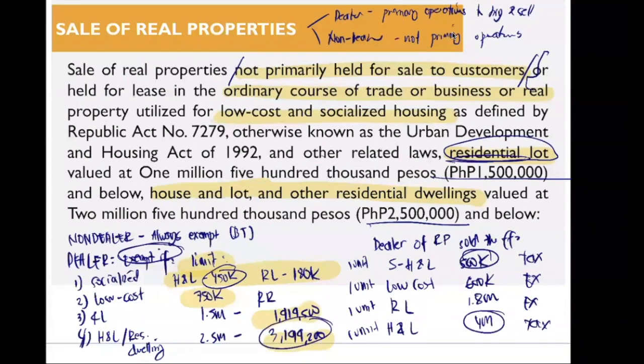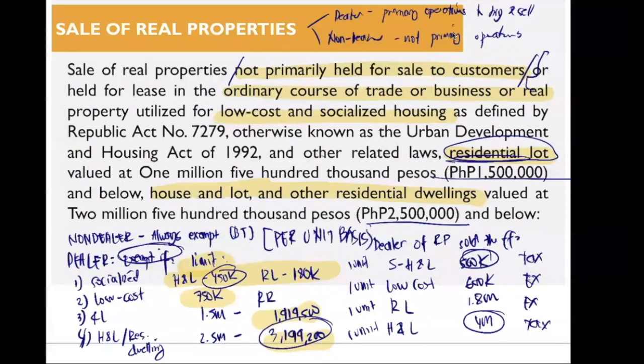Okay, so how do we do this? You will only compare the limits if you are a dealer. So you compare the amount of your selling price per unit to your limits. Okay, take note, you do it per unit basis. So what is the rule then?